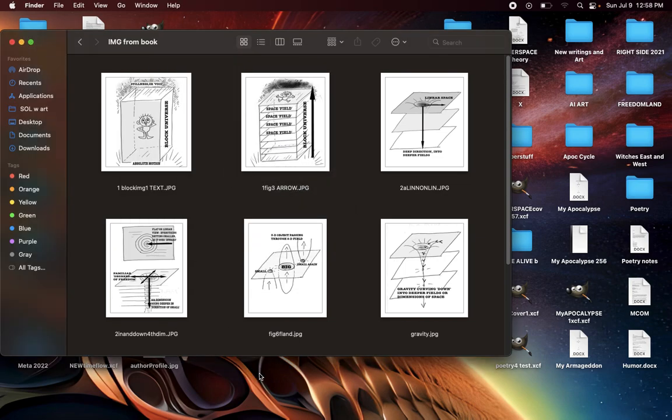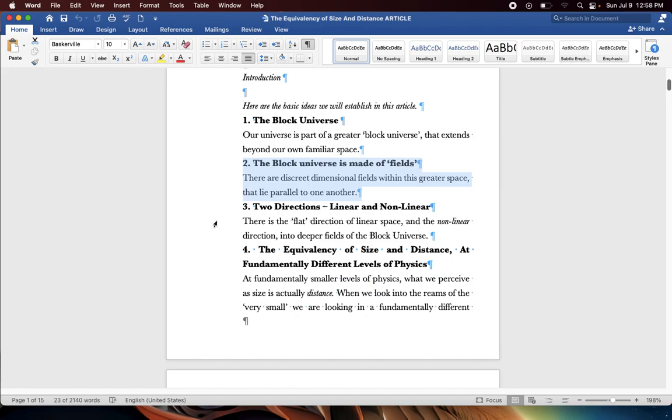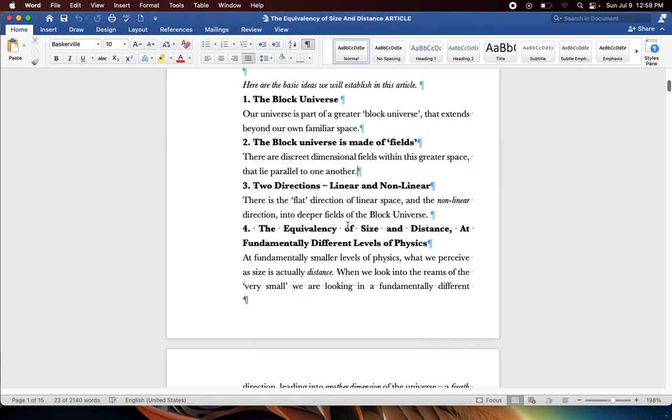So one thing we will be doing is looking at space from a lower dimensional analogy. Although we live in a three-dimensional space, and when people talk about space-time, they say four-dimensional space-time, or rather three dimensions plus time makes space-time four-dimensional.